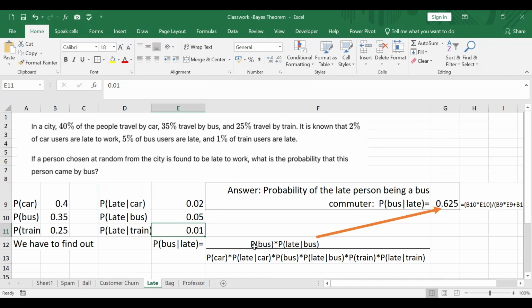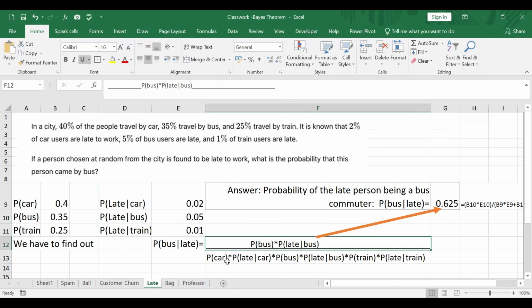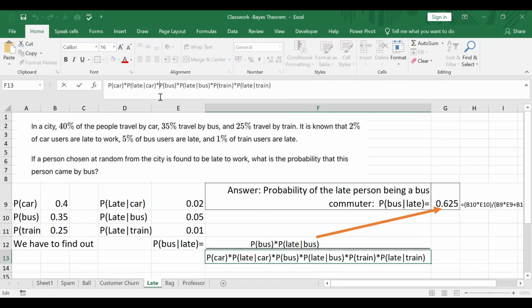So first, repeat this P of bus only here, and second one multiplied by P of late given bus, divided by, repeat this here, P bus, P late given bus, and then replace two more times. I made a mistake here, this is a plus sign here.